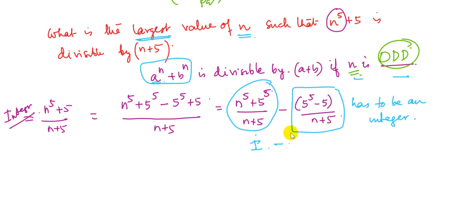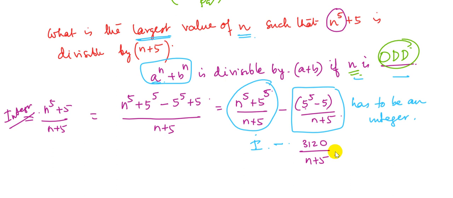Now what is the value of 5 to the power 5? 3125. 3125 minus 5, which is 3120, by n plus 5.